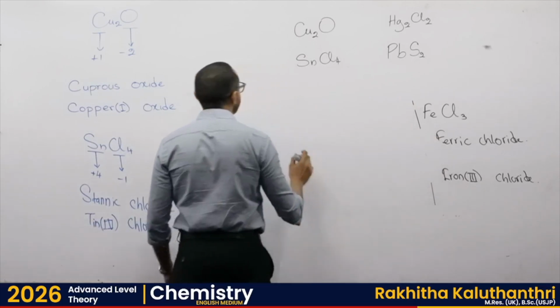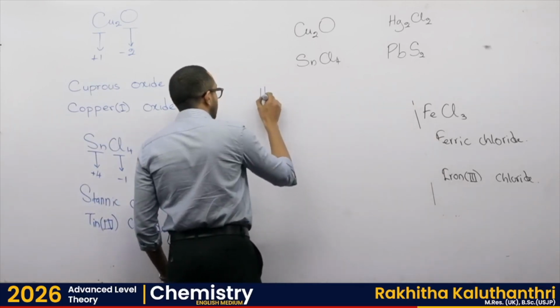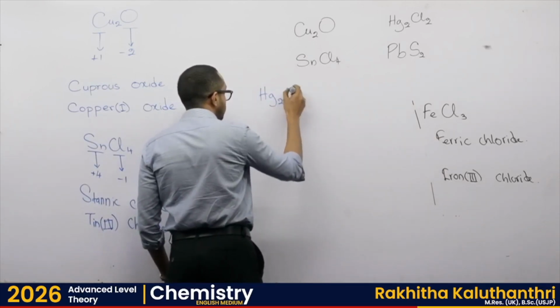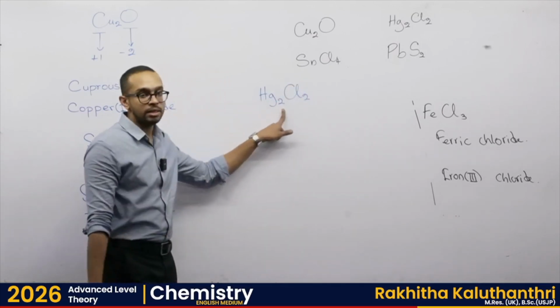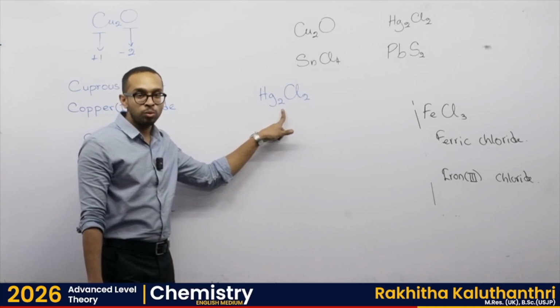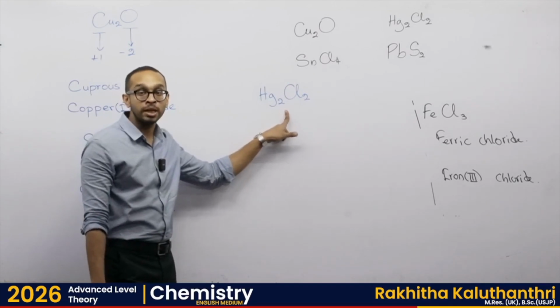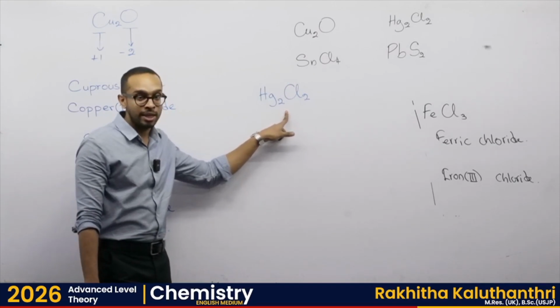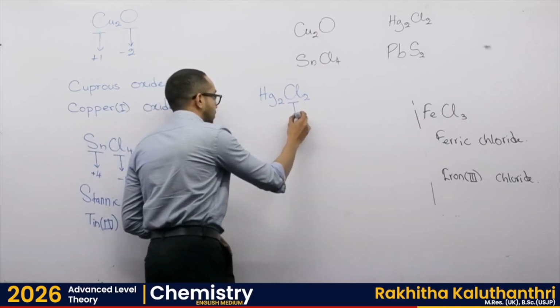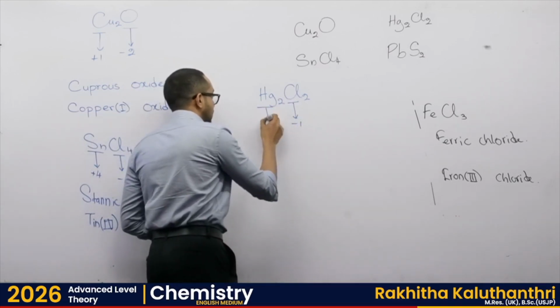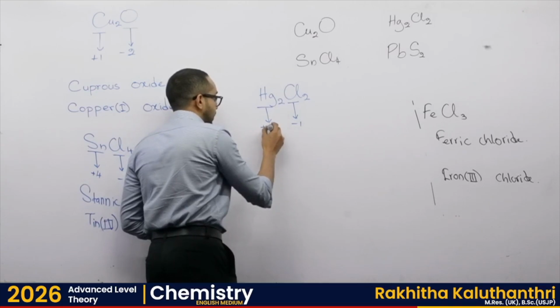And then we have Hg2Cl2. I told you Hg2Cl2. Whenever you see this Hg2 part, it could be Hg2 2+, the mercurous ion. I gave you the formula earlier. Anyway, if you find the oxidation state of both of them, you will see this Hg is in +1 oxidation state.